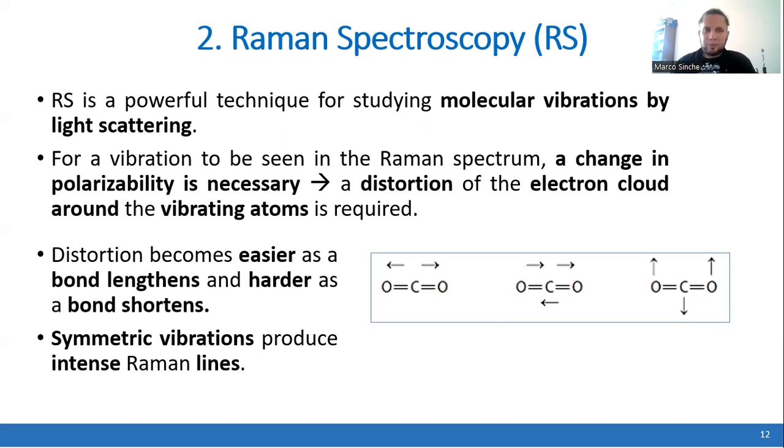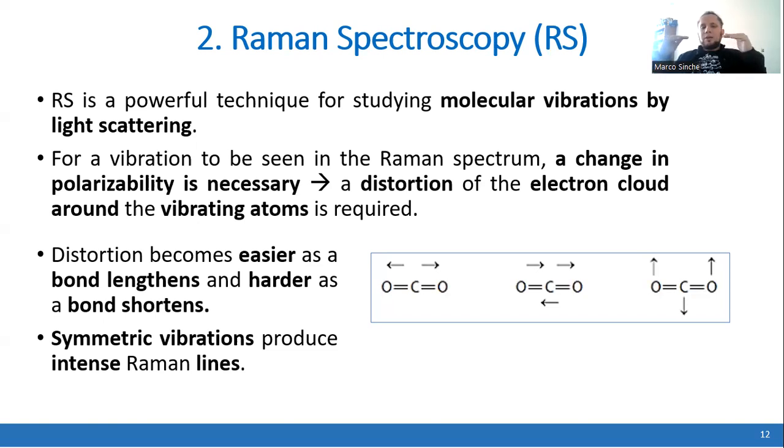So in order for a vibration to be seen in the Raman spectrum, it is necessary that the polarizability is changed due to the interaction of the emitted light with the vibrating atoms that are part of the sample that is being studied. So this distortion is easier when the bond lengthens and it is harder when the bond shortens, as can be seen in the graph.